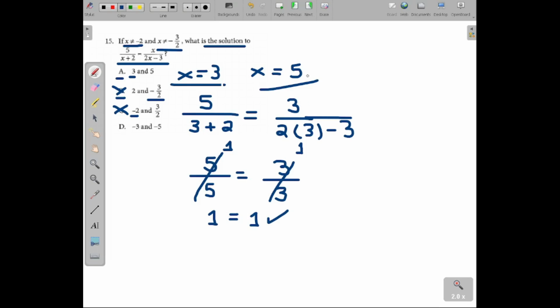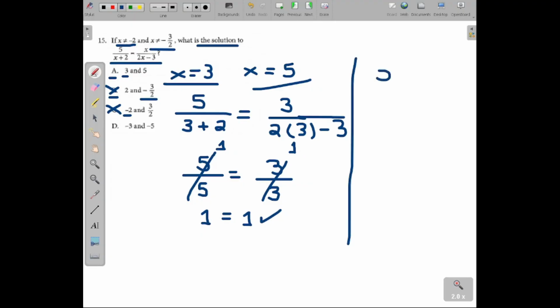Now x will be equal to 5. The equation: 5 divided by x, where x is 5, plus 2, is equal to 5 divided by 2 times x, where x is 5, minus 3.